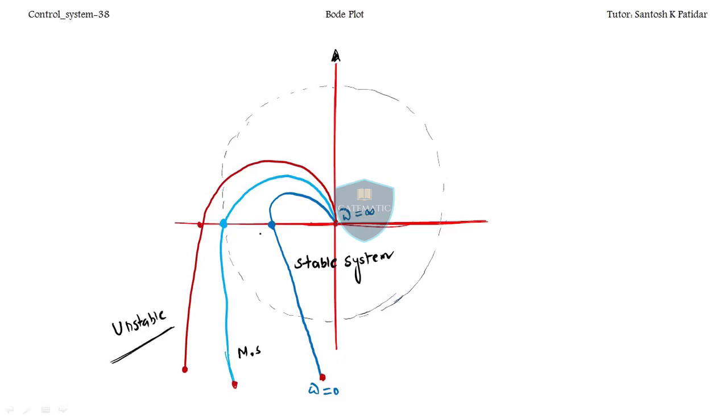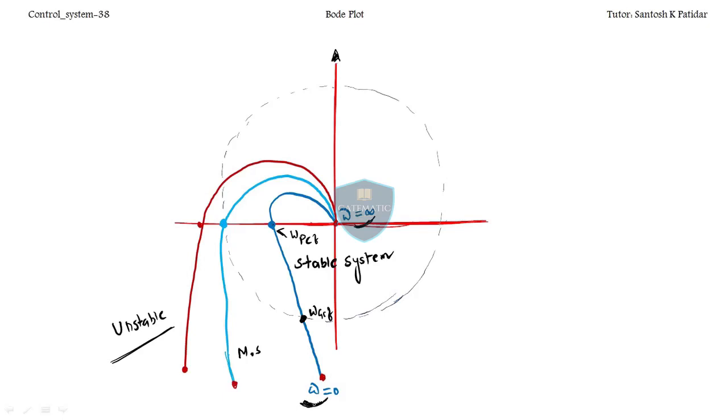Okay, so what this system says, see, for this system, this is nothing but omega PCF, isn't it? And this frequency, the frequency where the plot is gaining the 1 or the magnitude is 1, is nothing but omega GCF, isn't it? So what I am saying, this plot is always starting from omega equal to infinity to omega equal to 0.